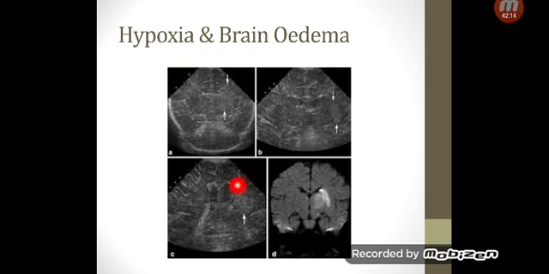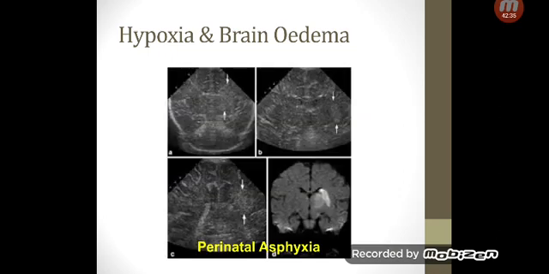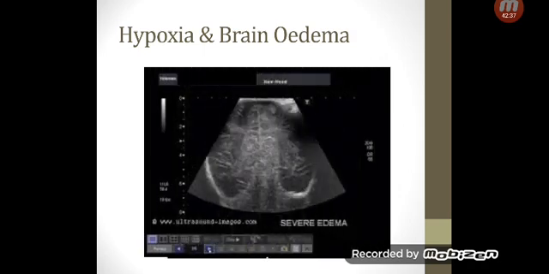But to be honest, it's really difficult to pick this up if you're not looking for it. But it's also good to know that your cranial ultrasound scan, if you're thorough enough, can pick that up for you. So that all happened because of prenatal asphyxia, where brain edema can happen from the pronounced ischemia that you had.